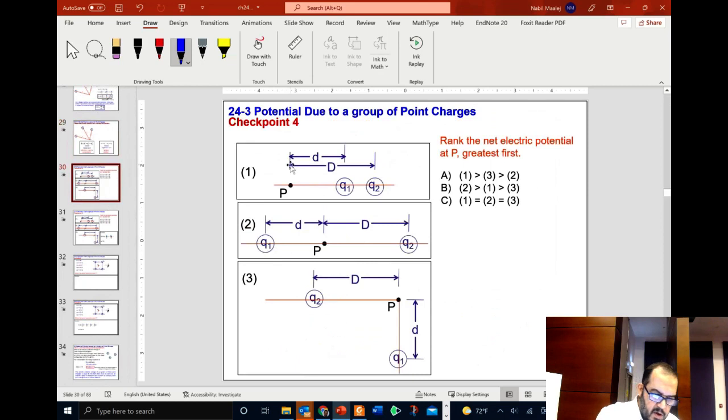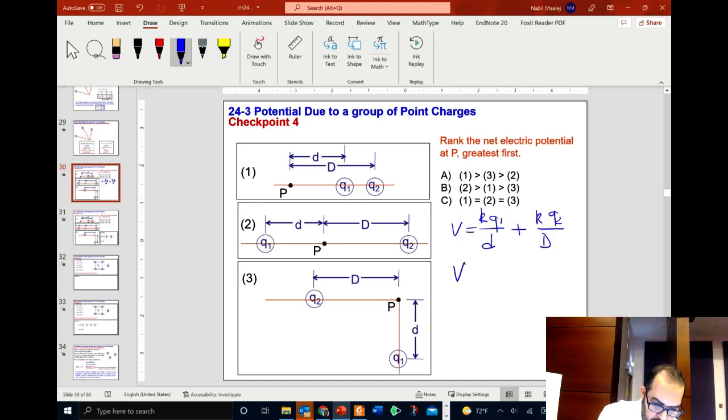What is the potential at point P in this case? V for the first one is equal to KQ1 divided by the distance, which is a small d, this is V1, plus, let's do the summation, KQ2 divided by capital D. This is for case number 1.